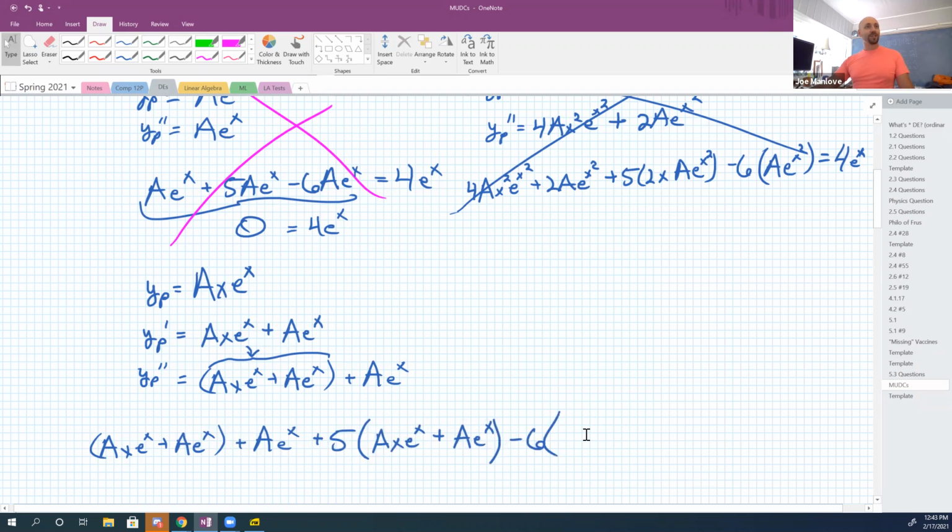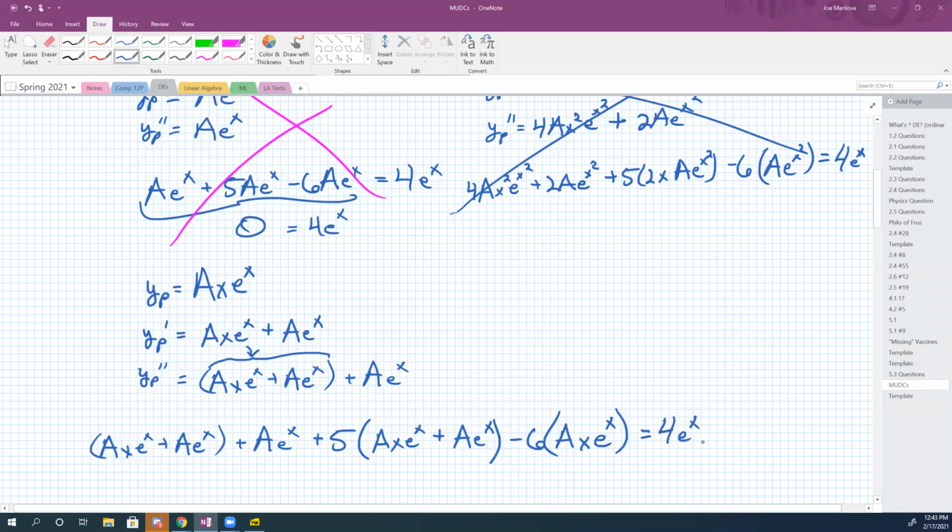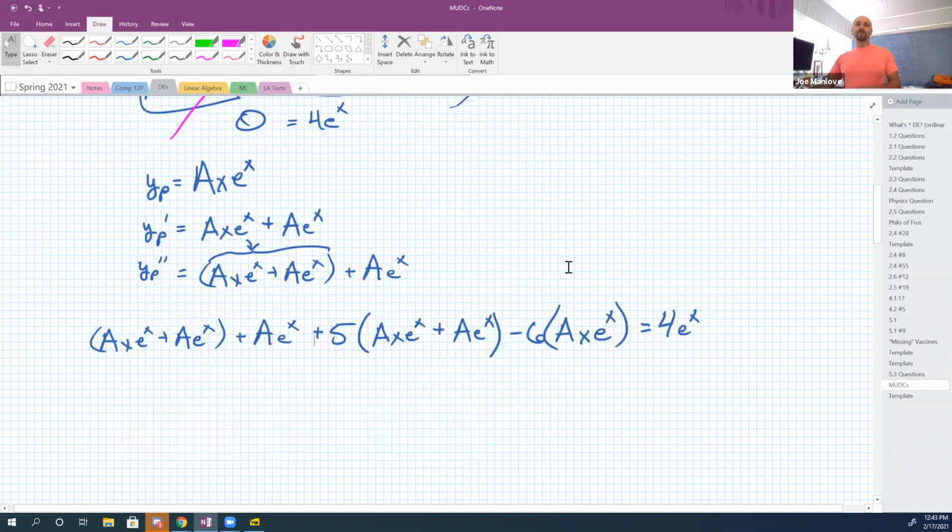I may actually want whiteboards that I can copy and paste on for teaching this one particular class, because otherwise I end up writing down all these letters over and over again. What's this supposed to equal? And 4e to the x. Perfect.